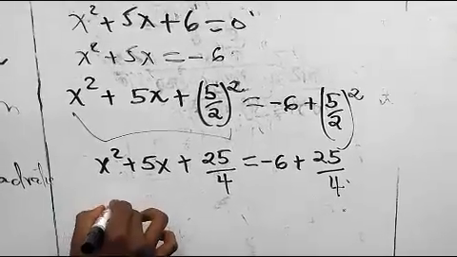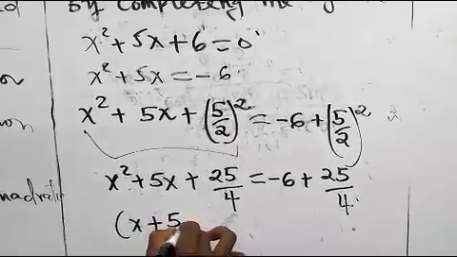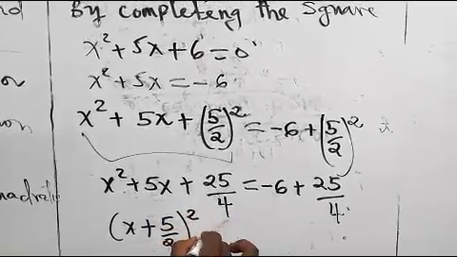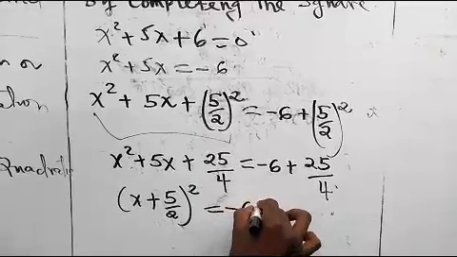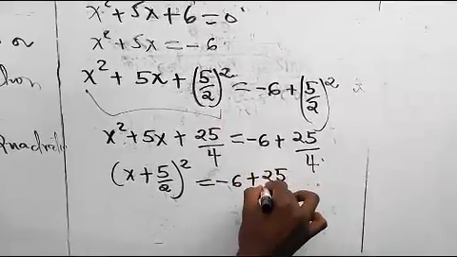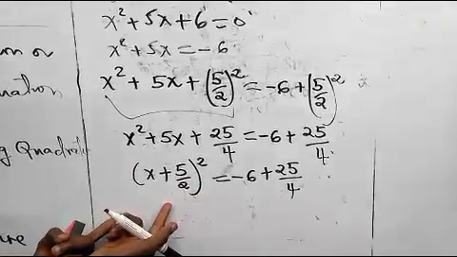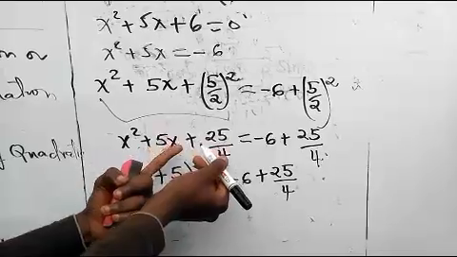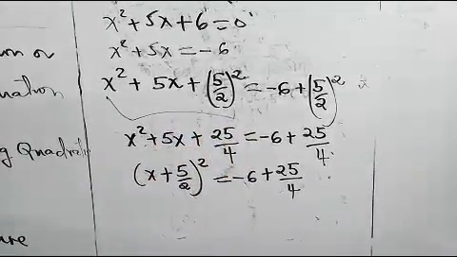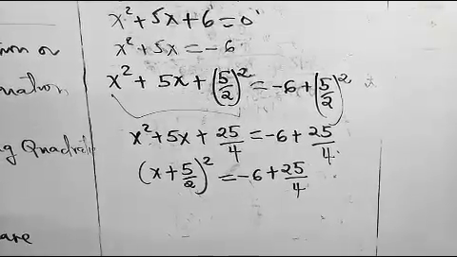Simplifying it, we are going to have x plus 5 on 2, all squared, equals minus 6 plus 25 on 4. When we expand this bracket, we are still going to have x squared plus 5x plus 25 on 4. Now, we are going to simplify our terms on the right hand side.